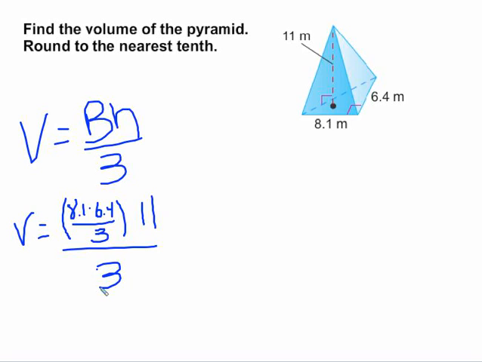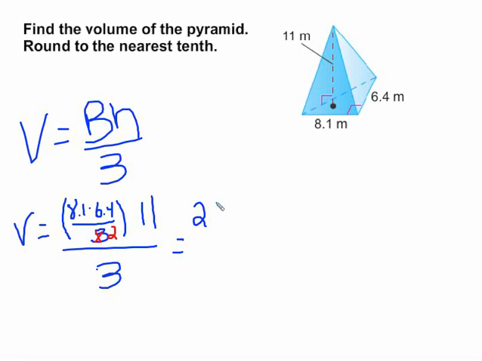Oh, I made a mistake. See if you can catch it. That's right. That 3 should have been a 2, divided by 2 because that's a triangular base. Okay, so now let's go back to calculating. 8.1 multiplied by 6.4 divided by 2.